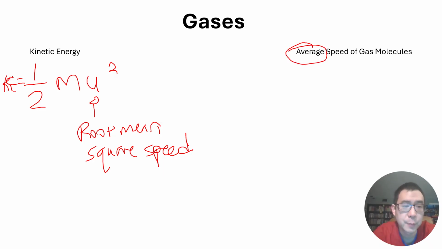So the average kinetic energy of a molecule equals 1/2 mu squared, where m is the mass of the molecule and u is the root mean square speed of the molecules in the gas. Because the molecules in a sample of gas are all moving at different speeds, but they have an average speed.